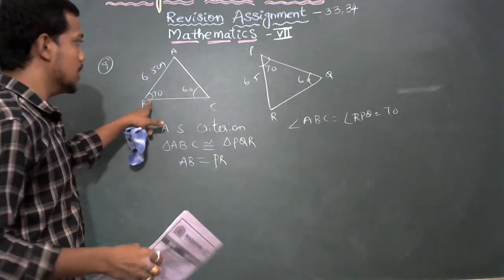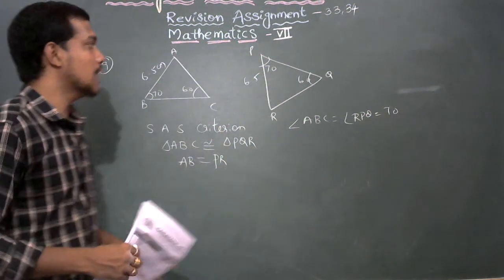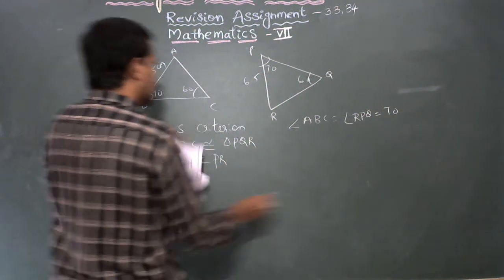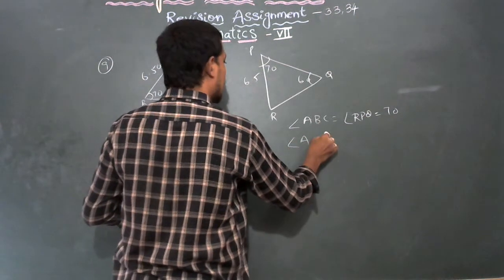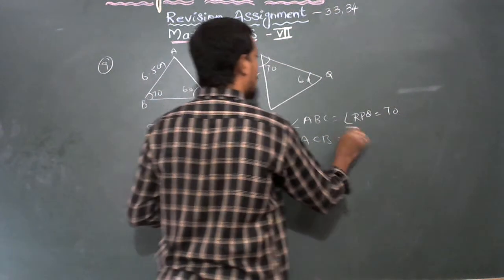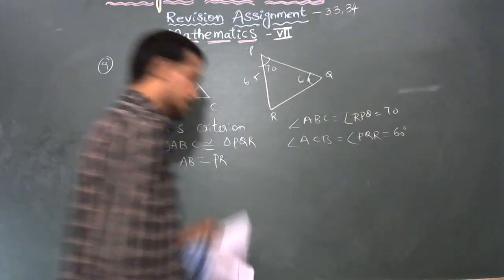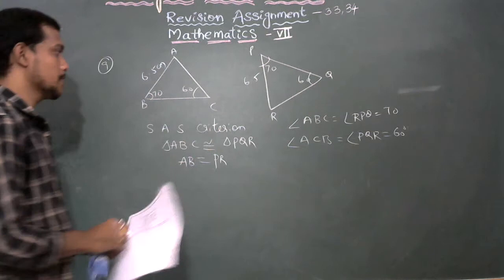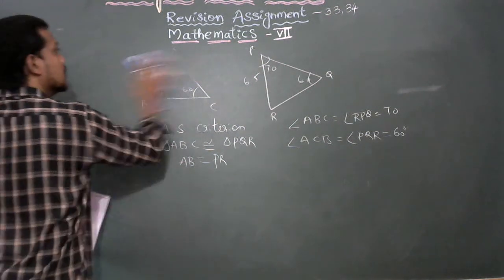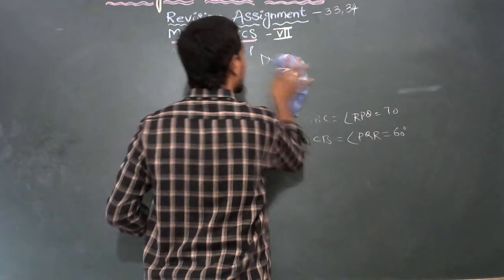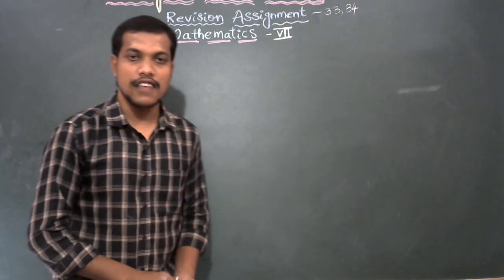See here angle B, here angle B. So both are equal angles. So now angle ACB is equal to angle PQR which is equal to 60. Okay. The revision assignment is completed.